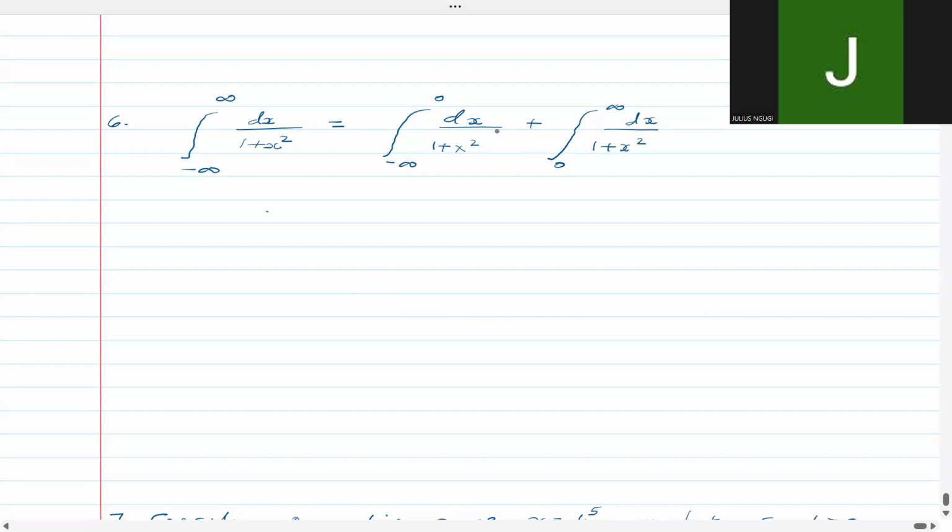And then we use the limit as, let's say, A approaches minus infinity of the integral from A to 0, plus the limit as B approaches infinity of the integral from 0 to B.